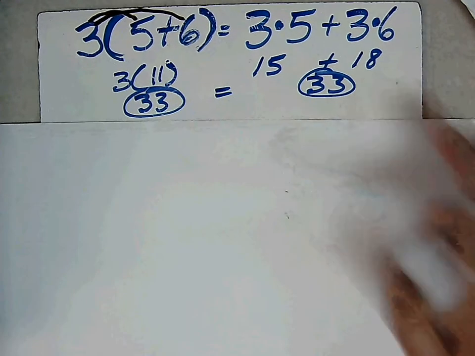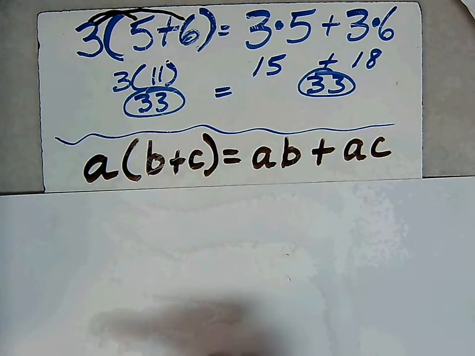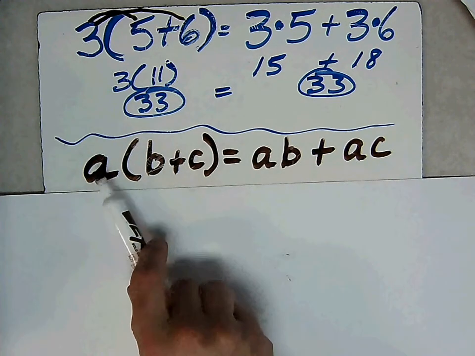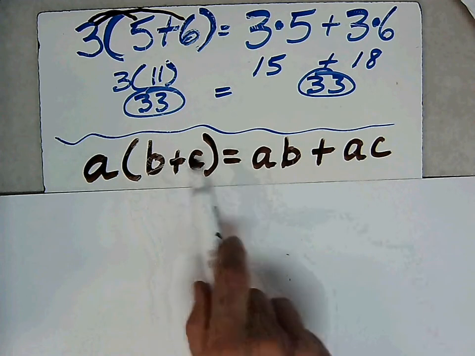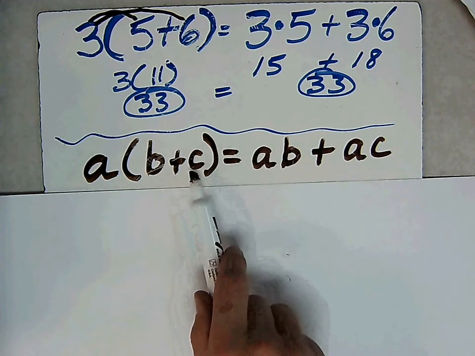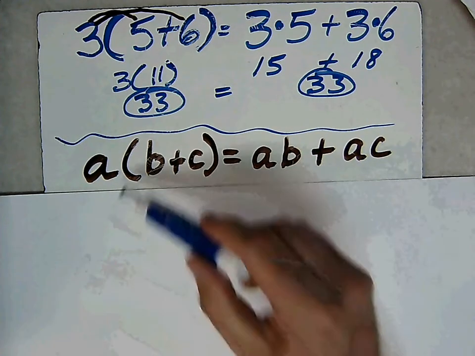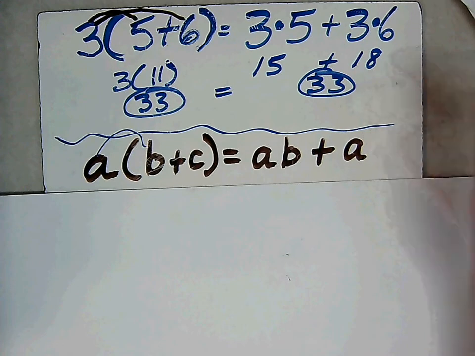Now, in algebra, this is how it's going to be set up. You'll have coefficients in there, negatives and things, but you have something on the outside that you're going to be multiplying by, and you can have 1 or 2, or 100 things on the inside that you're adding. But the point is that you have to give them out equally. So you can't give A to B and then forget about C. That's wrong.